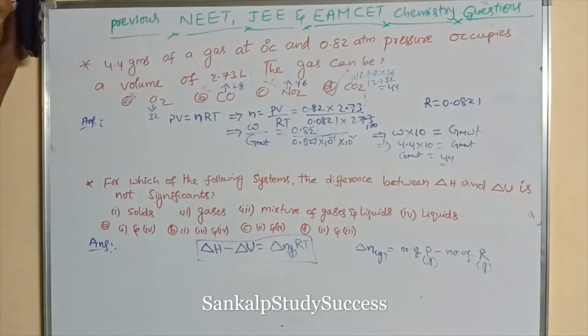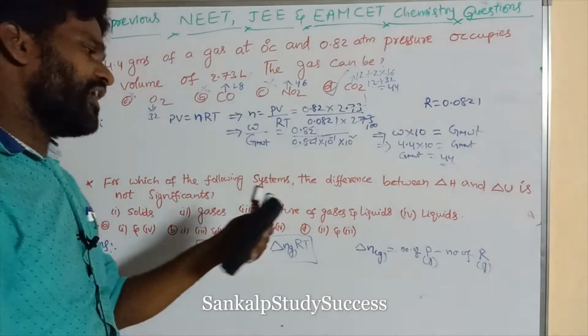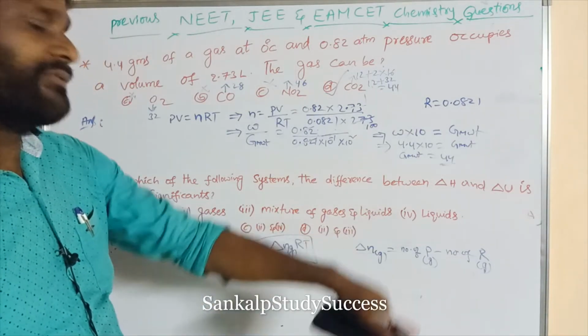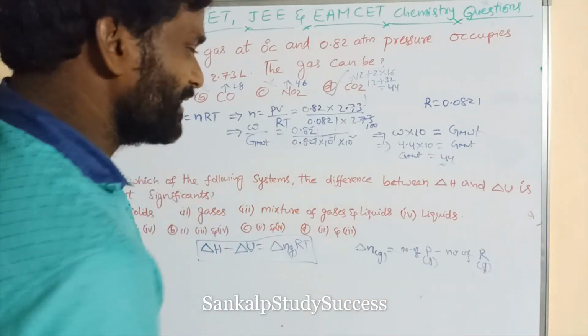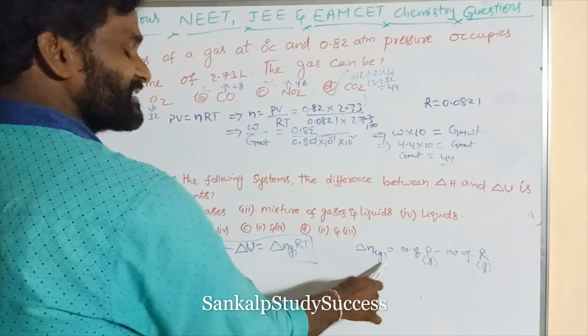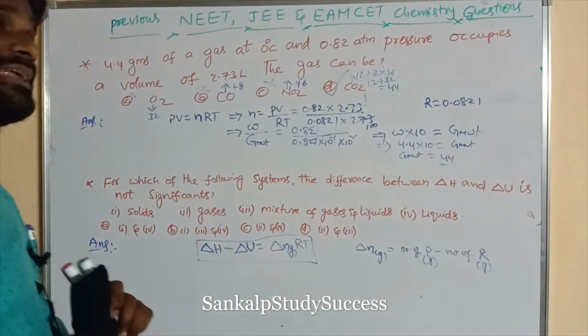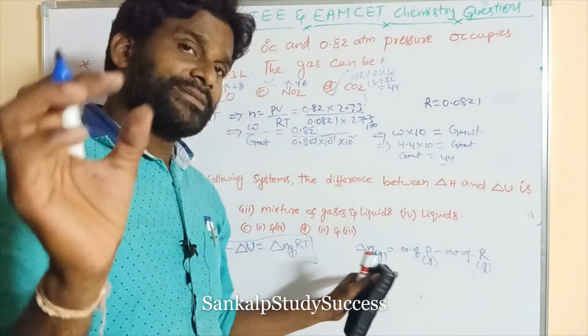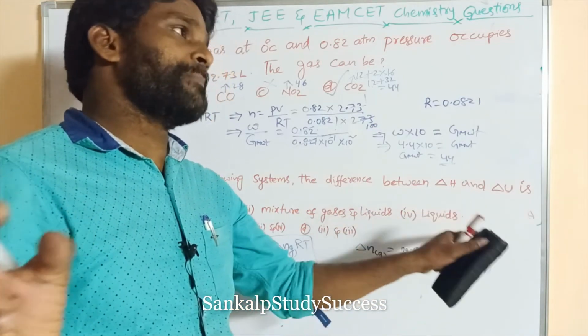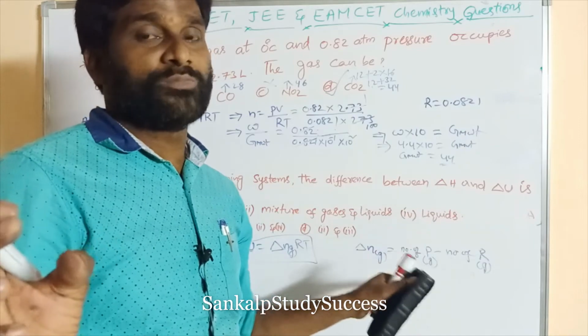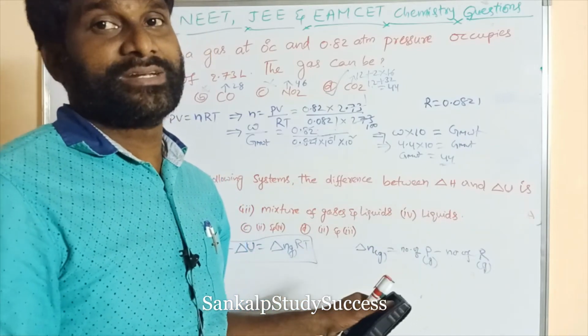So this is not applicable for solids and liquids. This is not significant for solids and liquids. Why? Here delta Ng, G is the gas. It is the difference in the number of moles of product minus number of moles of reactant in gaseous state. Those molecules must be present in gaseous state.